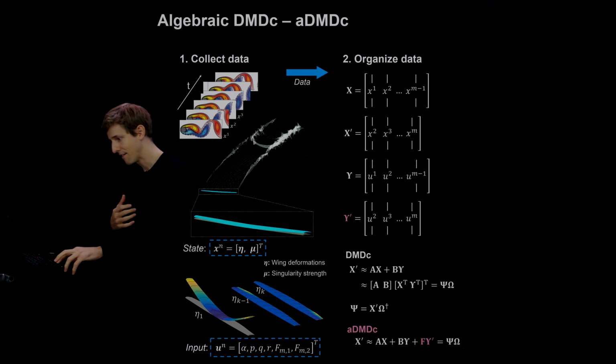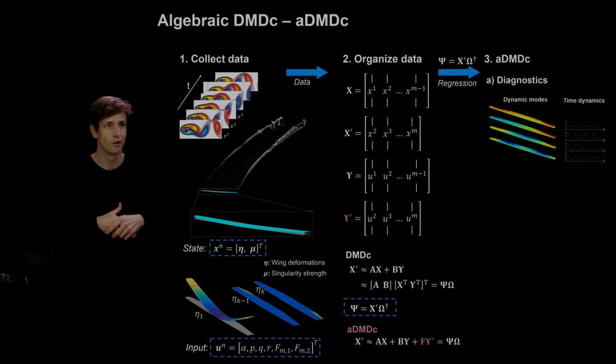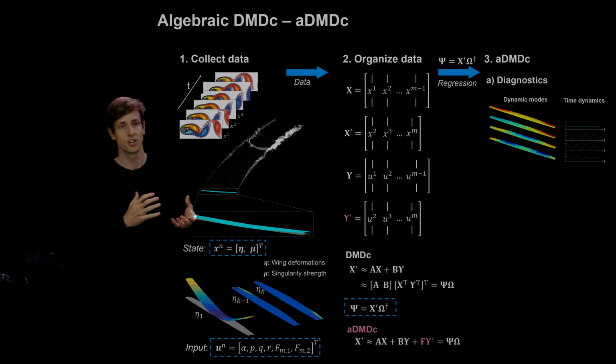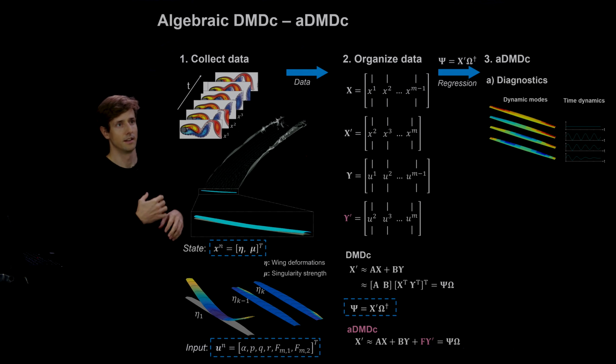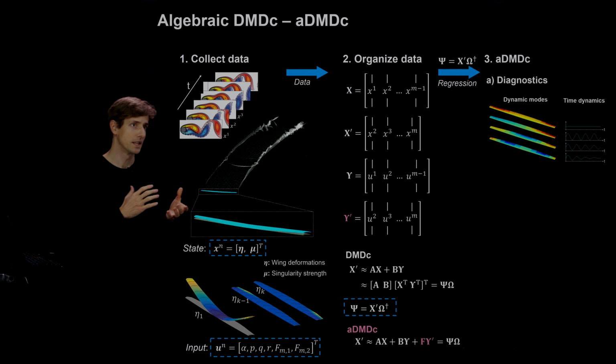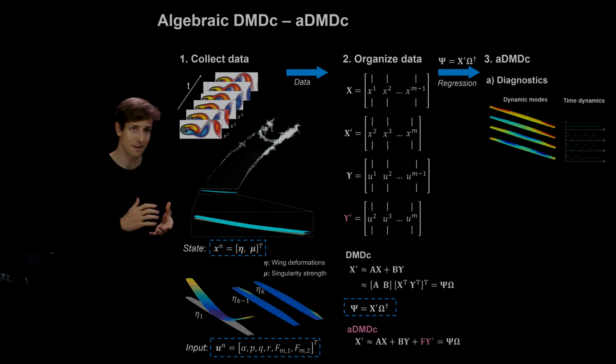Okay, and then having this model, we can look at the dynamics. So we can reshape our dynamic modes. We can take the eigenvalues, or approximate the eigenvalues and eigenvectors of our system, and then reshape the eigenvectors into, let's call it, eigen-wing shapes and eigen-singularity strength with the corresponding time dynamics.